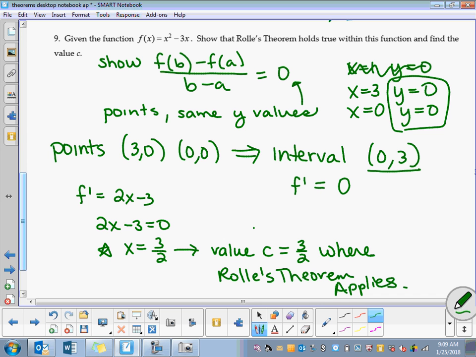Both theorems end up with the idea that we're trying to show that we can achieve a certain y value from an x value in an interval. Is it just any old y value that we're trying to show that the function equals, or are we trying to show that it's the average rate of change value that the derivative equals?